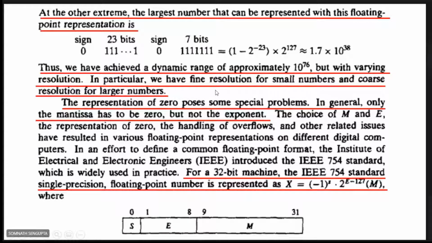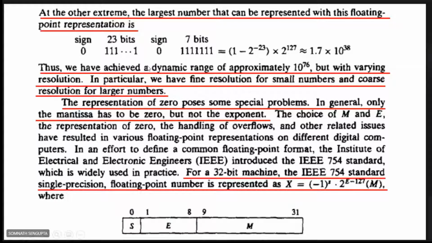So if you increase the dynamic range, the resolution decreases. Resolution is coarse when the value is large, not small, but for small numbers you get good resolution in floating point. So this is about the number system.